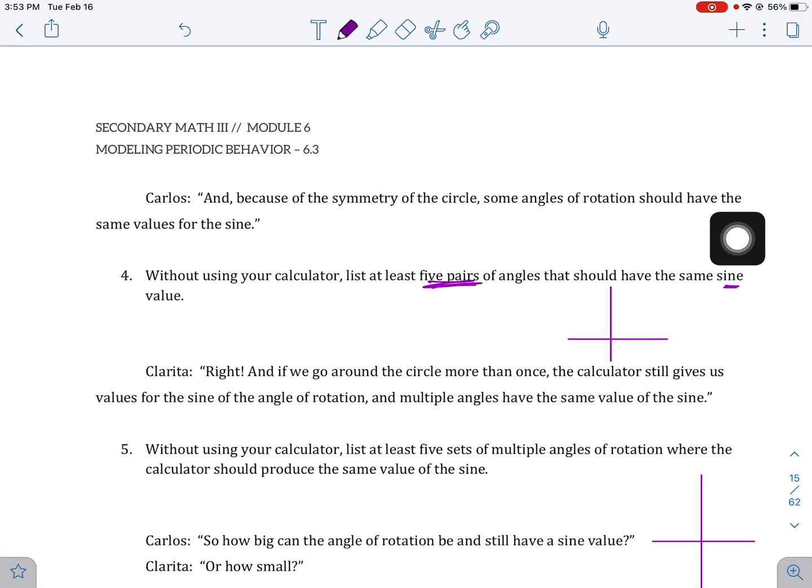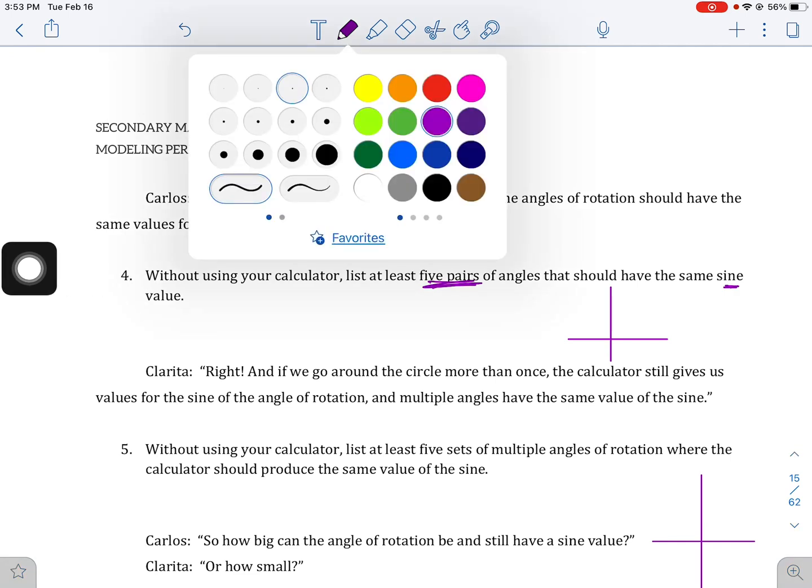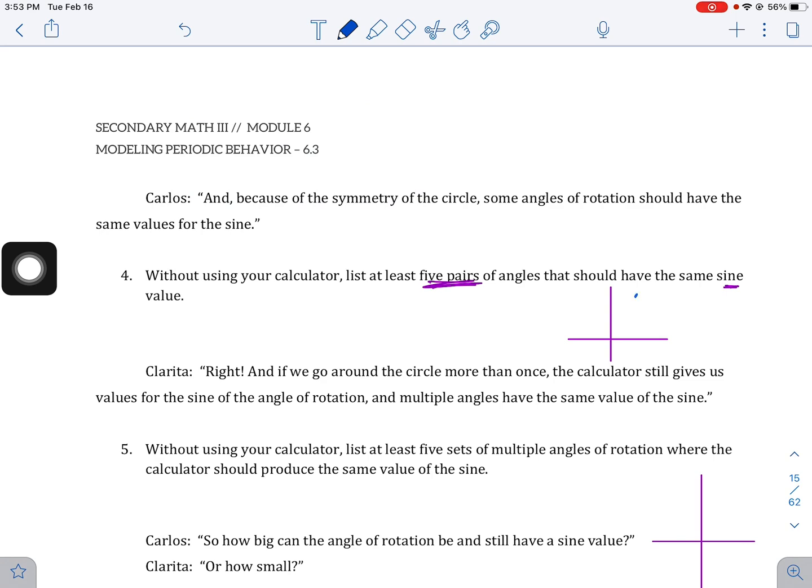And Carlos says because of the symmetry, some angles of rotation should have the same values for the sine. As an example, let's say you have a 60-degree angle. Well, that's going to have the same ratio as 180 minus 60, or 120 degrees.